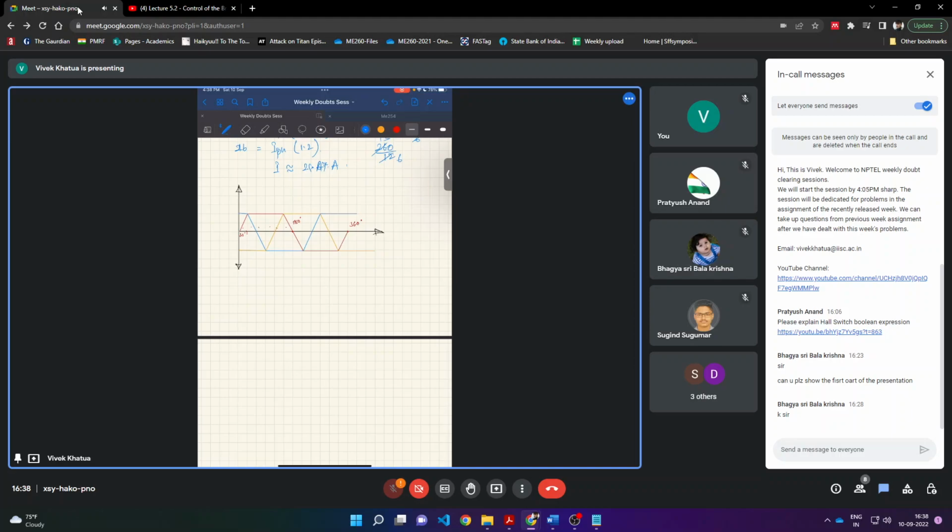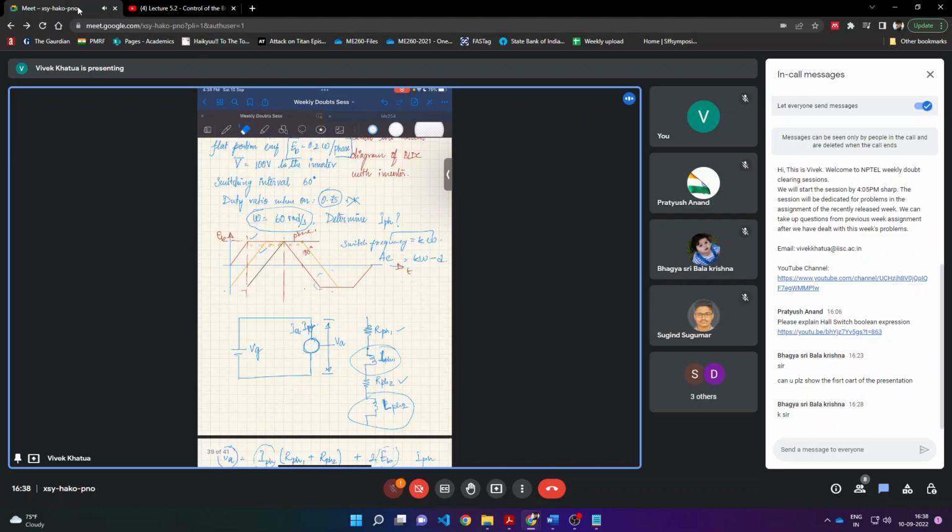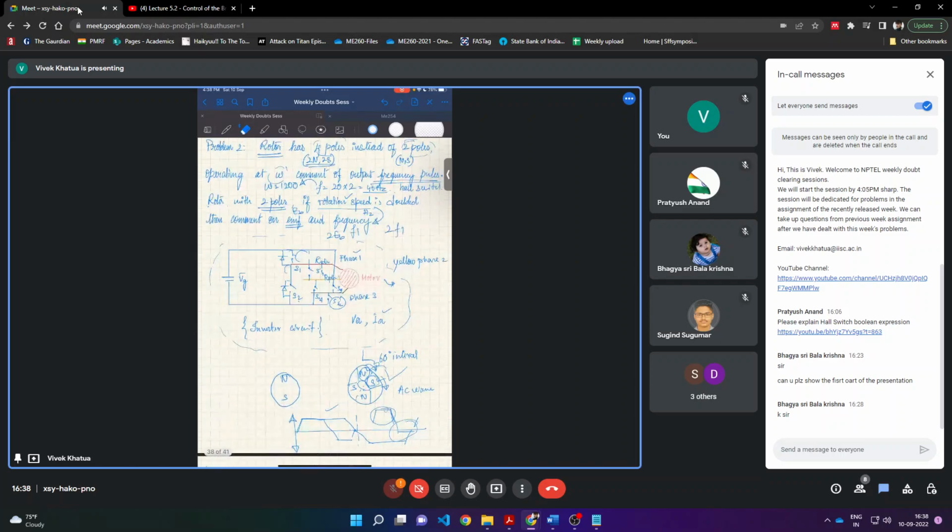Let me also draw the switches. This one, S5, S6, S2. Now S5, S6 are not the same as mine, S3 and S5.